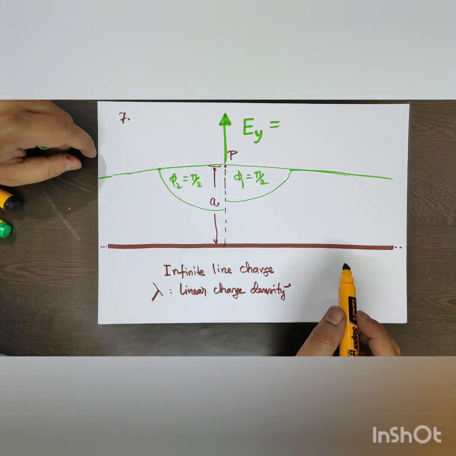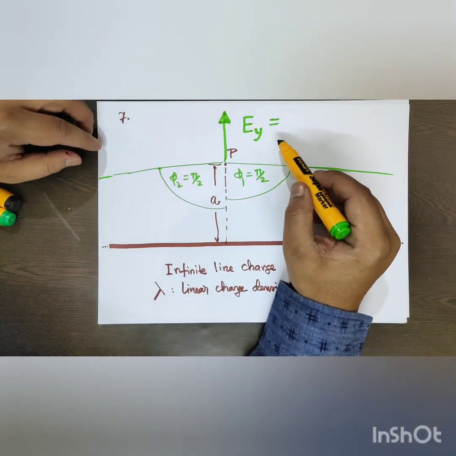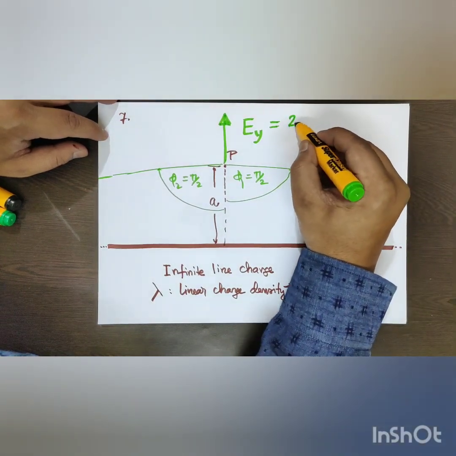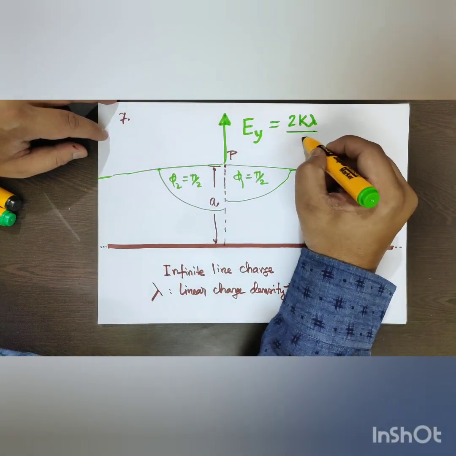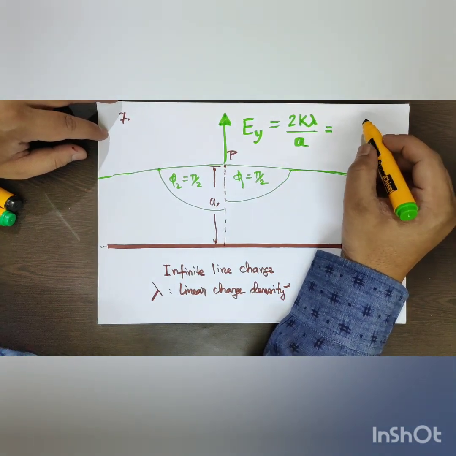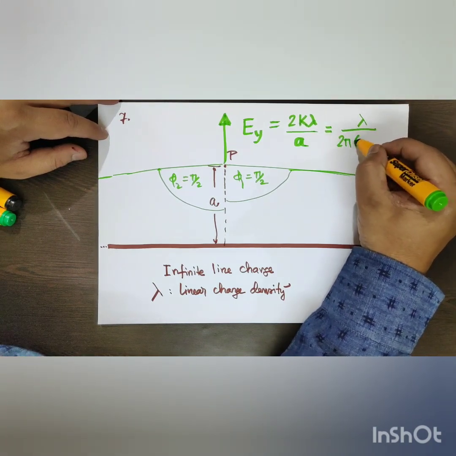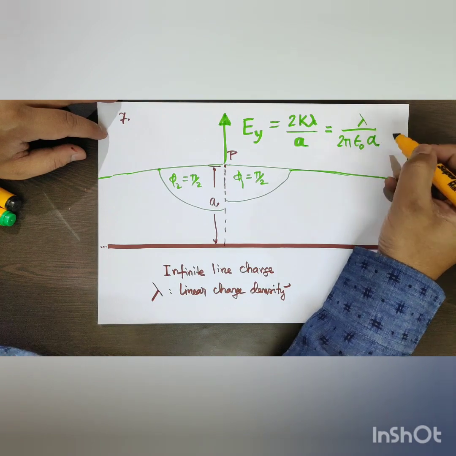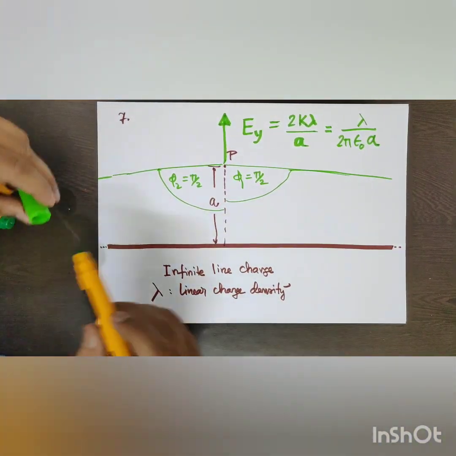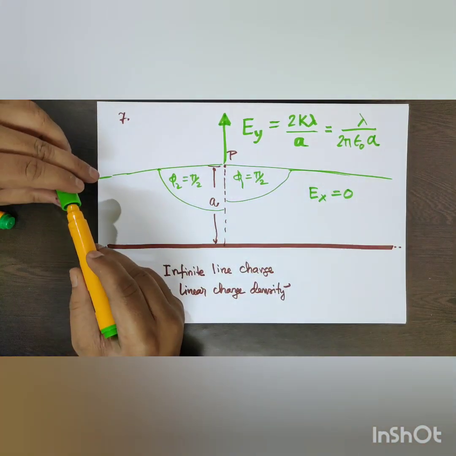The formula was kλ/a (sin φ1 + sin φ2), means kλ/a (sin π/2 + sin π/2), that is 2kλ/a. If you substitute k as 1/(4πε₀), it is λ/(2πε₀a). And obviously the x component of the field is 0 due to symmetry.